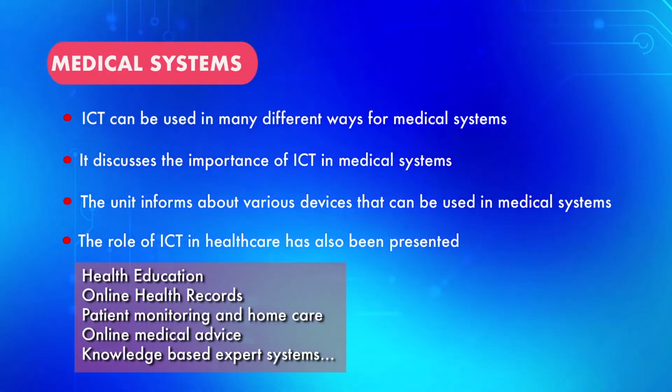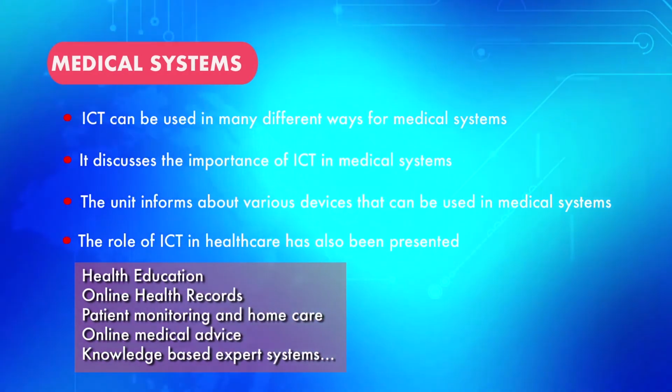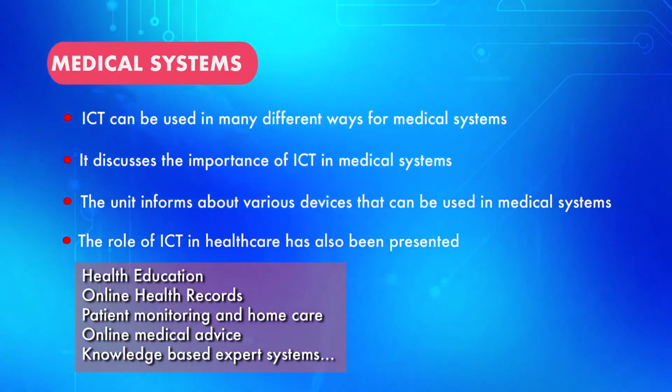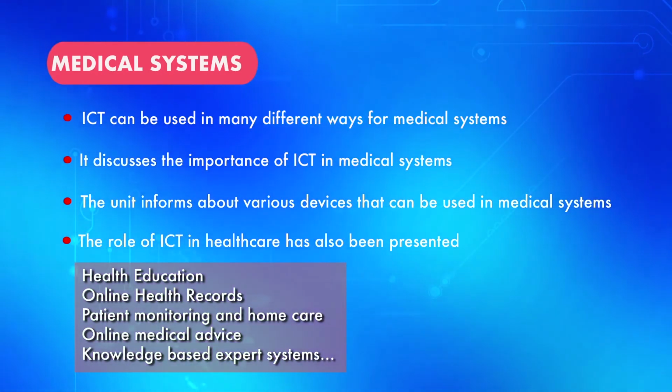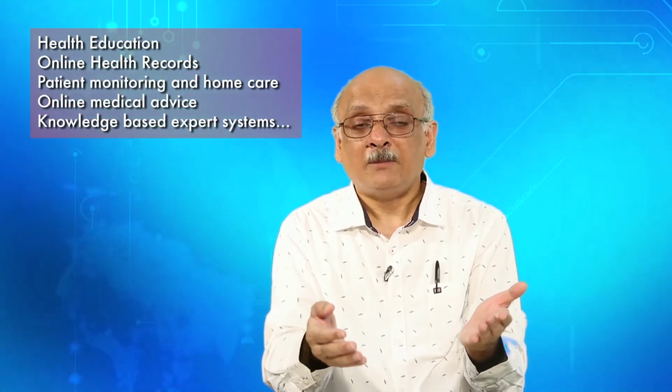Whenever we visit a hospital and our record is created, an online record is created in many hospitals, and that is available throughout. So the next time you visit, that record is available. The problem with the physical record is that many times we do not have the habit of collecting our records properly.